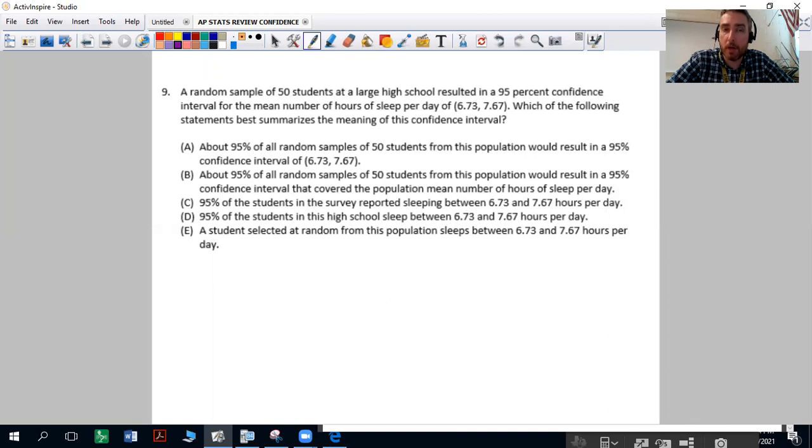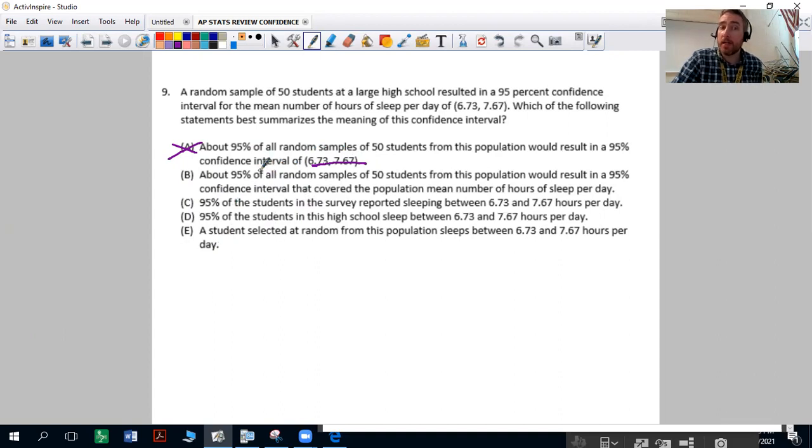That's incorrect because that's saying if you take all the possible random samples of 50 students, 95% of those are going to give you that exact interval, which would not happen. That is not correct.